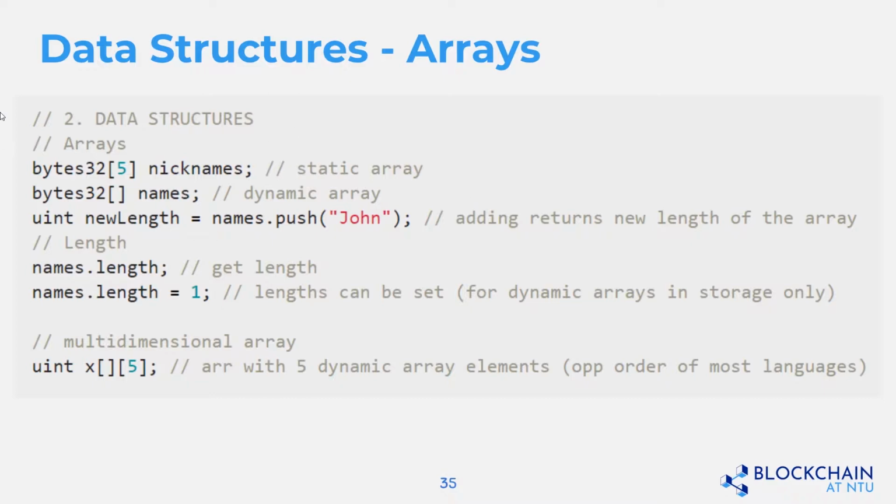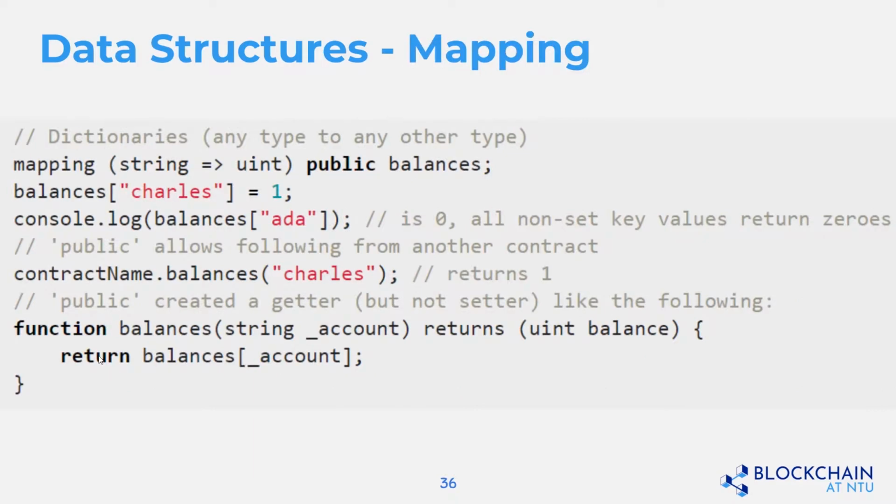And to get the length of an array, you can use dot length. Okay, this works for bytes, but this doesn't work for strings. So you can't index into a string or get the length of a string with dot length. It only works for bytes. Okay, and similarly, like in Python, if you want to have a multi-dimensional array, you just set two square brackets.